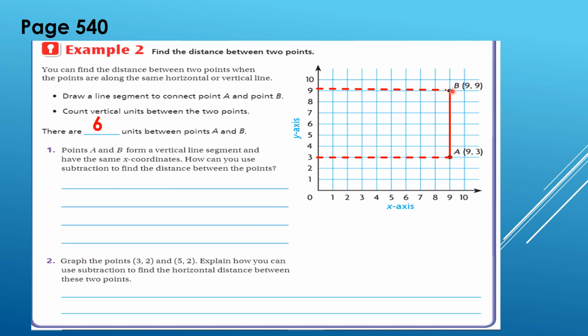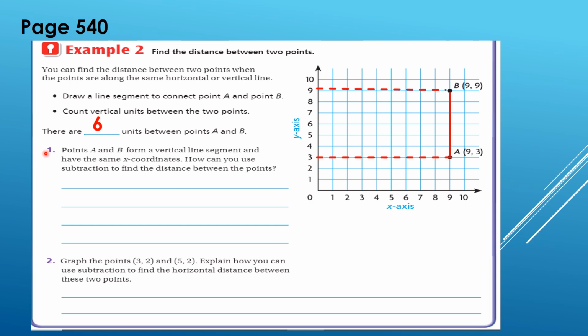You can just count the units or the blocks between point A and point B. 1, 2, 3, 4, 5, 6. So count the units: 6 units, or you can subtract the y-coordinates. You can do it in 2 ways.